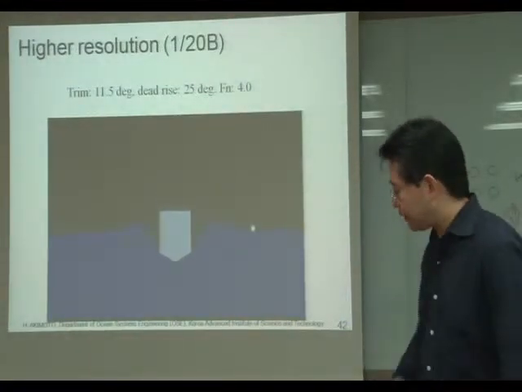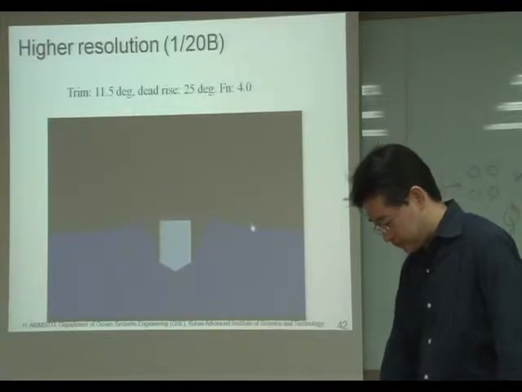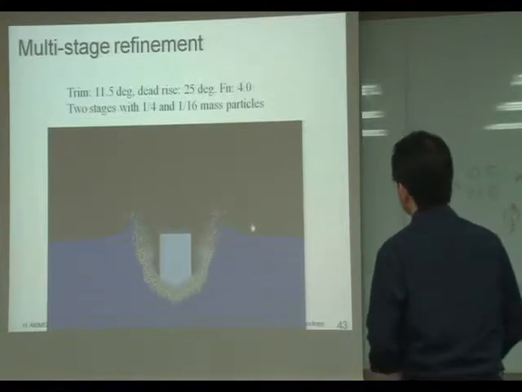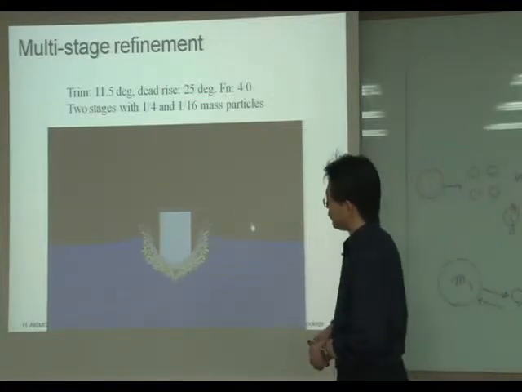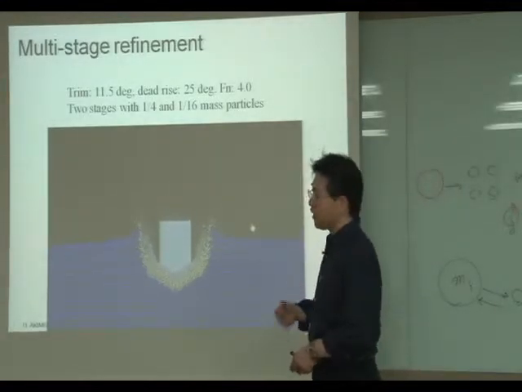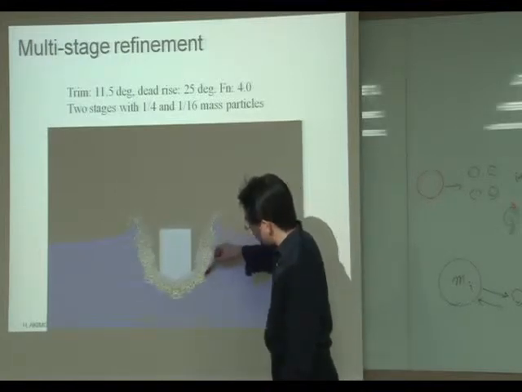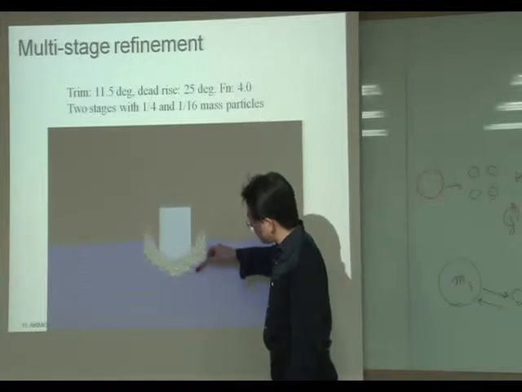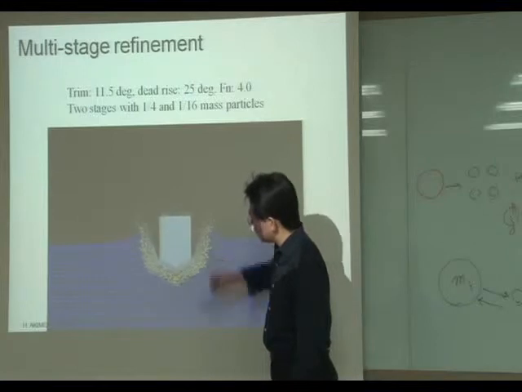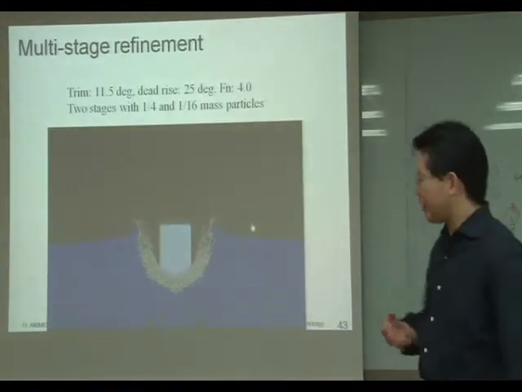So this is for higher resolution. Naturally, it takes long computational time. The control of resolution can be applied many times. In this case, the original one is divided into 4 smaller particles, and each small particle will be divided into 4 or smaller particles again.